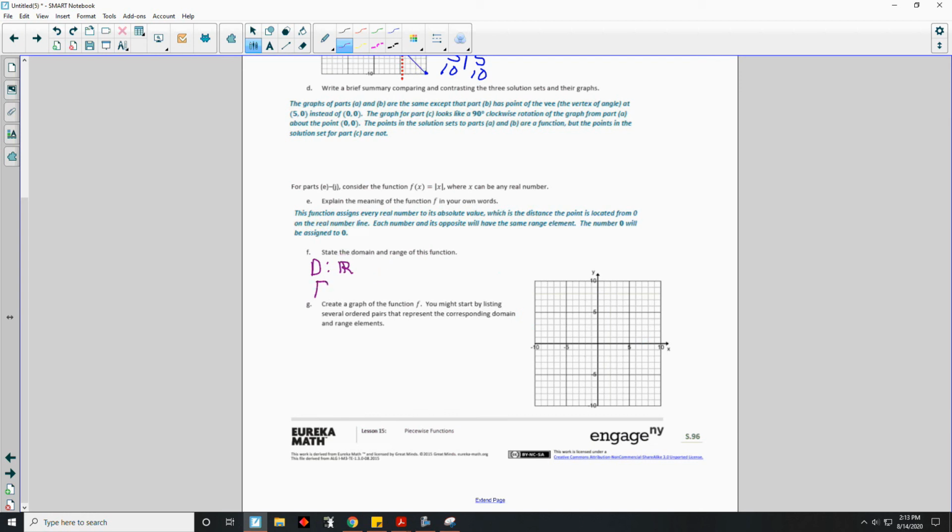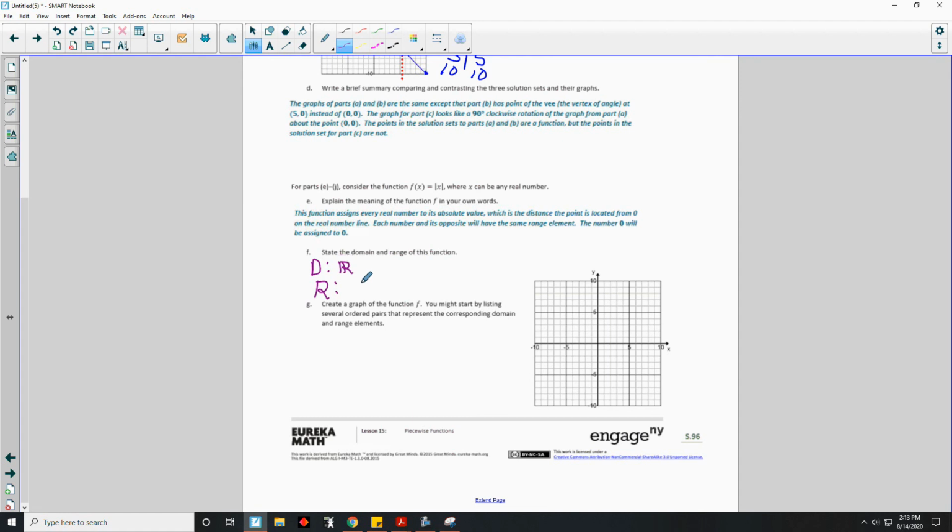The range, however, is going to have a minimum value when x is 0. So if I take the absolute value of 1, I get 1. If I take the absolute value of negative 1, I get 1. I cannot get a negative value, so the range is the set of all numbers greater than or equal to 0.